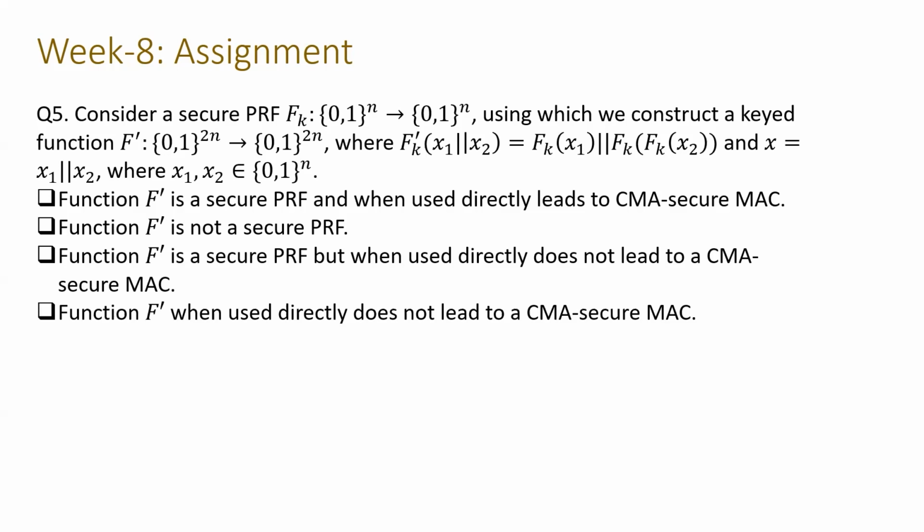Of course, x1 and x2 are both n-bit binary strings. Now there are some statements about the security of F dash. Function F dash is a secure PRF, and when used directly leads to a semi-secure MAC. Function F dash is not a secure PRF.